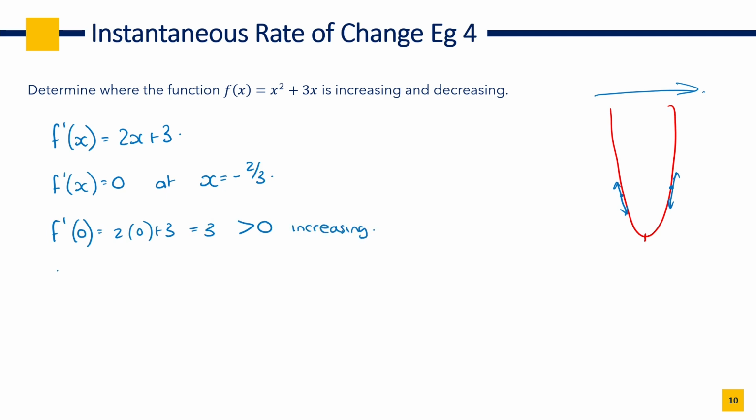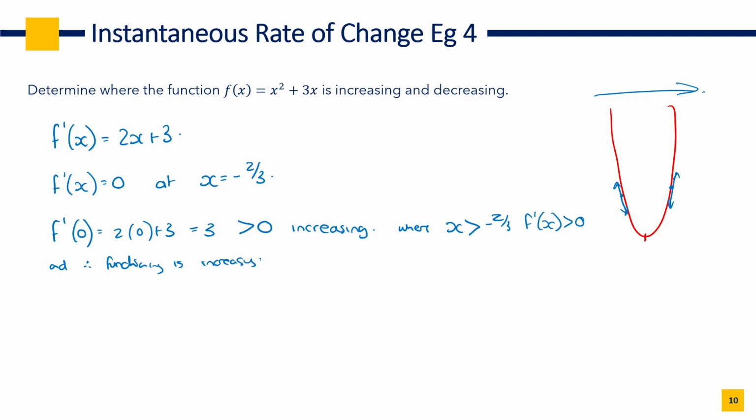Okay? So now we have where x is greater than minus 2 upon 3, f prime x is greater than 0, and therefore the function is increasing.